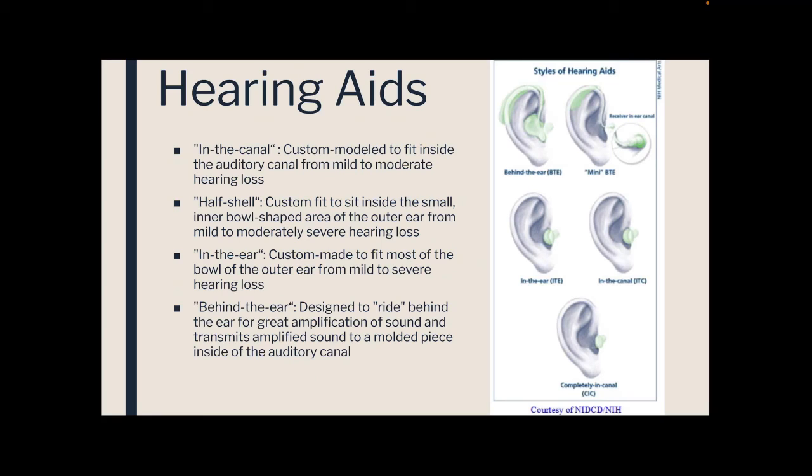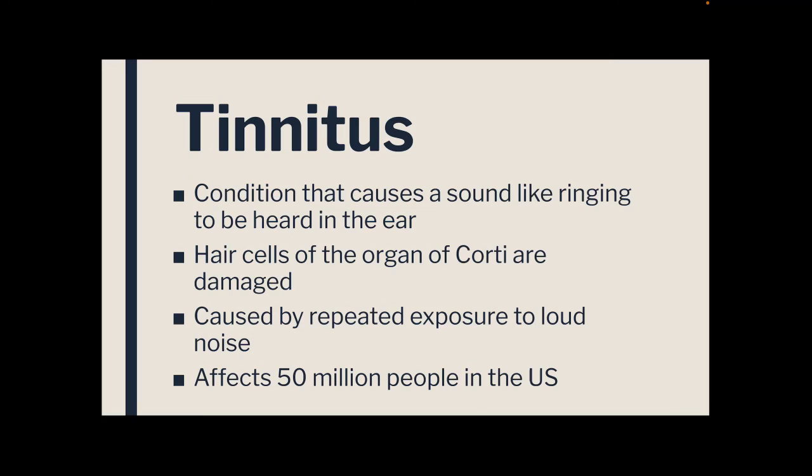And then there's in-ear, which is made to fit in most of the outer ear part of your ear. Sometimes it can fit a little bit more inside in the canal. Then you have the behind the ear, which you can notice in a lot of people who wear these. They sit behind the most external part of your ear. And this is able to amplify sounds, so that they are received better in your canal.